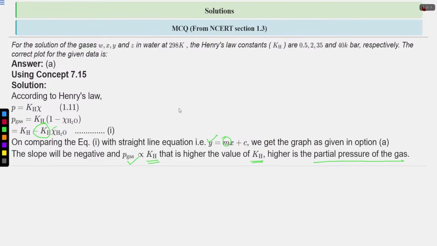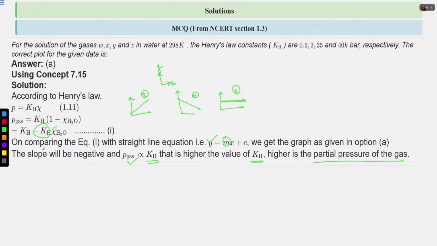A positive slope line is represented by this, a negative slope line is represented by this decreasing graph, and a zero slope is represented by a straight horizontal line in the graph. If this is the y direction and this is the x direction, we have our respective graphs for different slopes like this. This is for positive slope, this is for negative slope, and this is for zero slope.